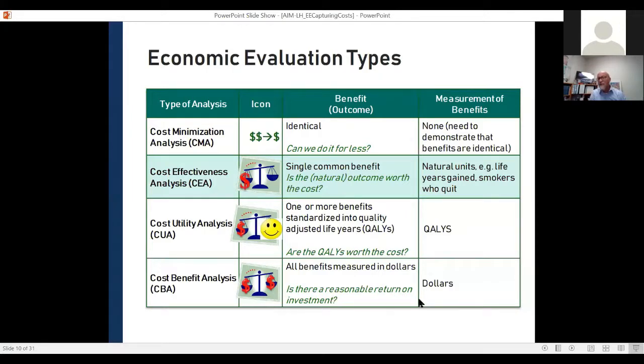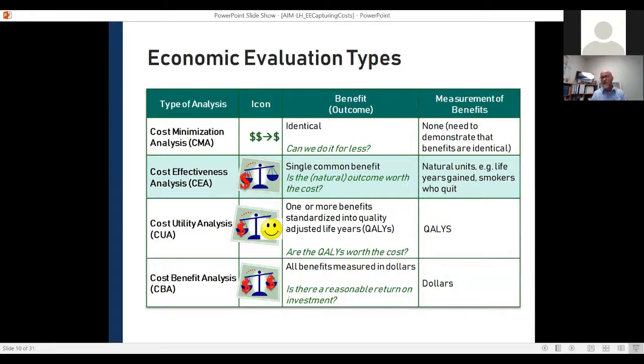And reasonable return doesn't always mean that you have to recover the full amount of the investment. I would actually say that for most public health or human services or social services interventions, getting a return in excess of the investment is probably not a fair standard to have, since most of these services are safety net type of interventions.